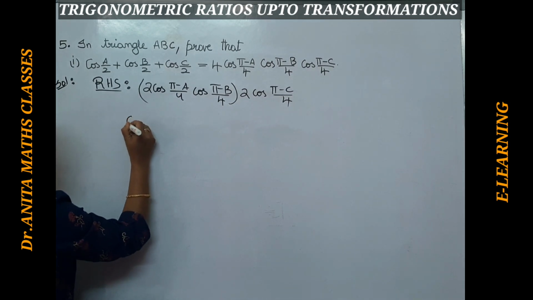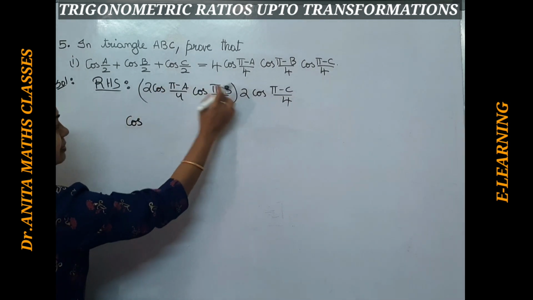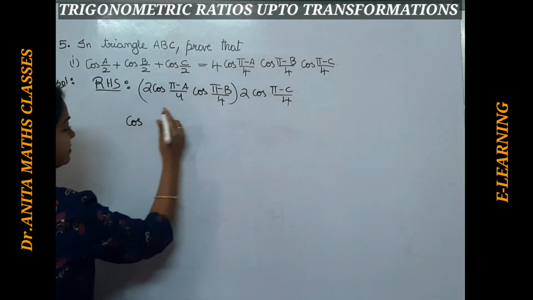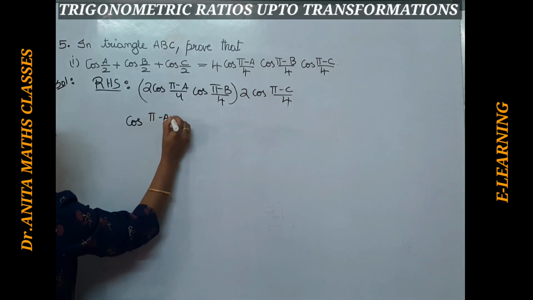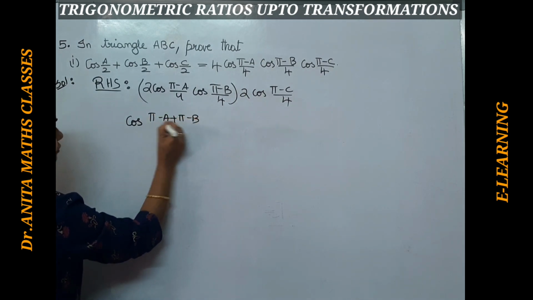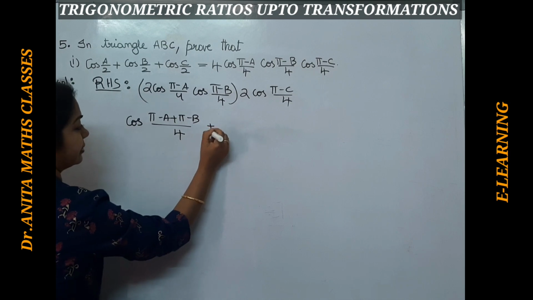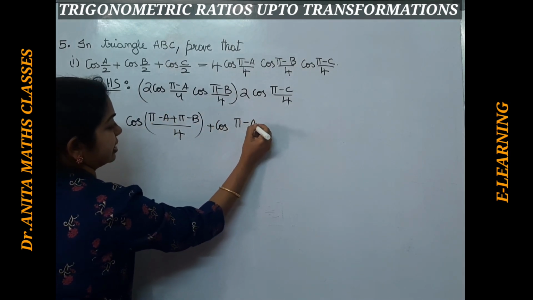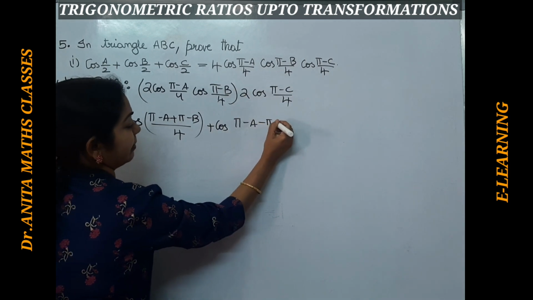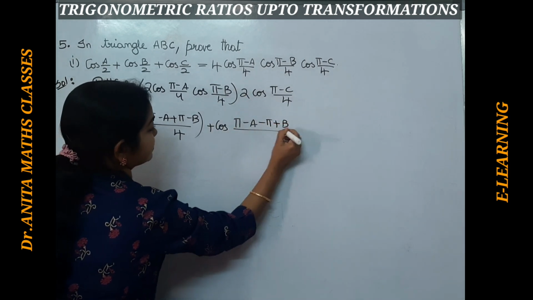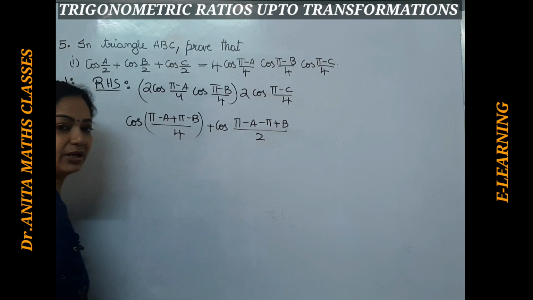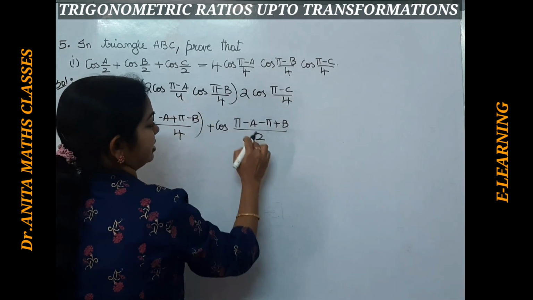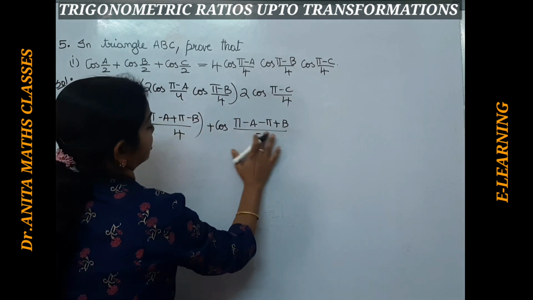So we will get cos (A+B), where this is A, this is B, A plus B. So (π−A + π−B)/4 and cos (A−B). So A, this is A, minus π plus, minus into minus plus π plus B. Okay, so A minus B, yeah, that is 4, isn't it?